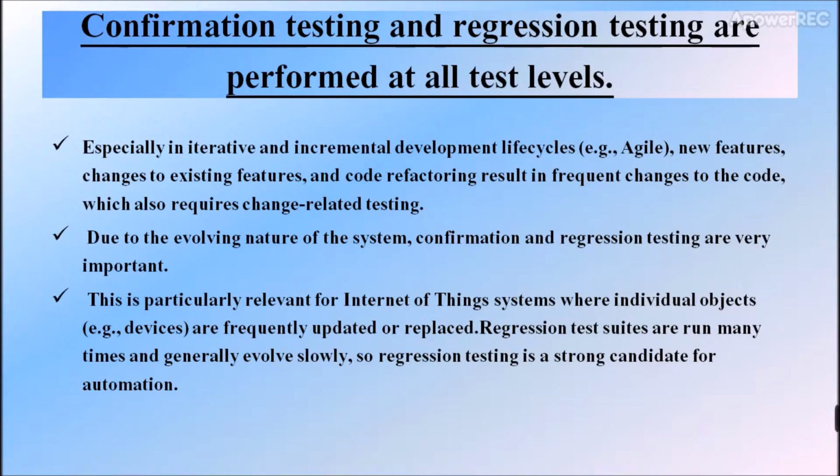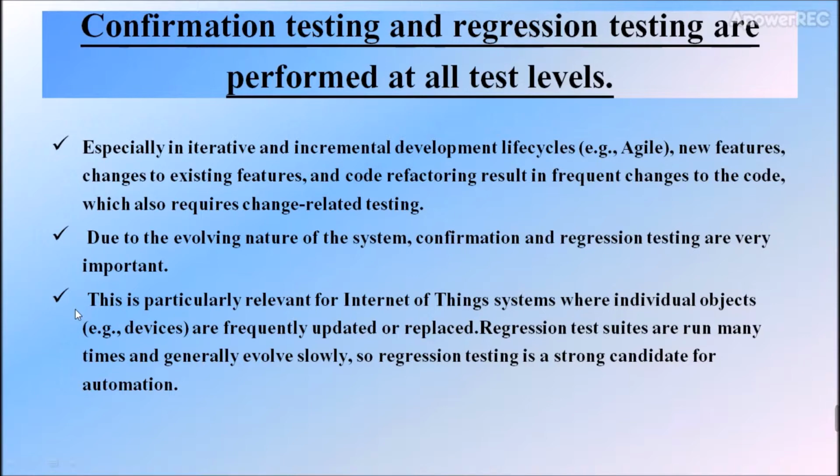Regression test suites are run many times and evolve slowly. So the test conditions or the test cases that we should choose to include in our regression test suites should be stable functionality in our software. They should be ones that are not changed frequently.